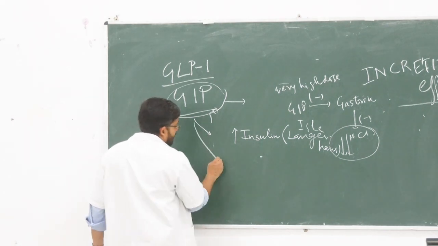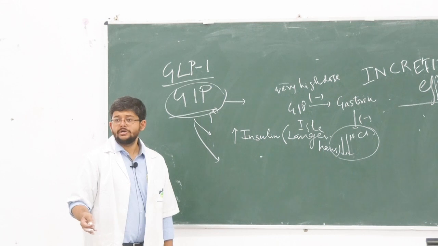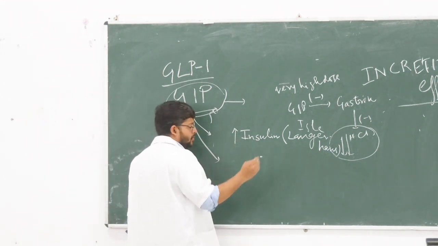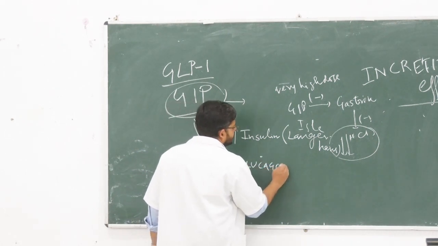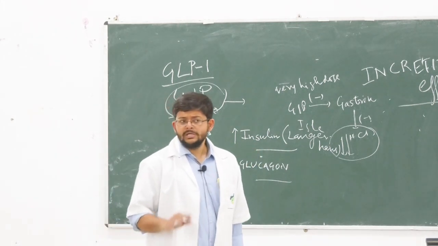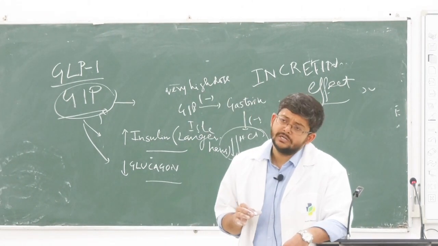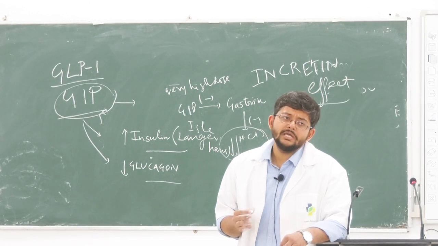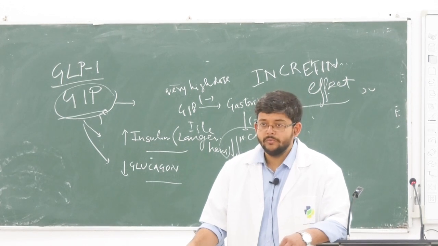Second, some of them, and most of them, have a variable response on glucagon, but mostly their effect is inhibitory to glucagon. So they reduce glucagon secretion. So if we get a hormone which increases insulin secretion and reduces glucagon secretion, what will be the net effect? What will happen to sugar? Sugar will go down basically.